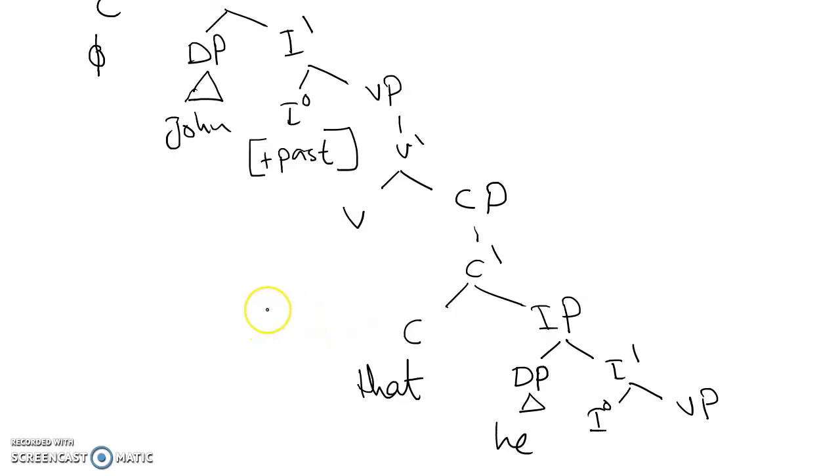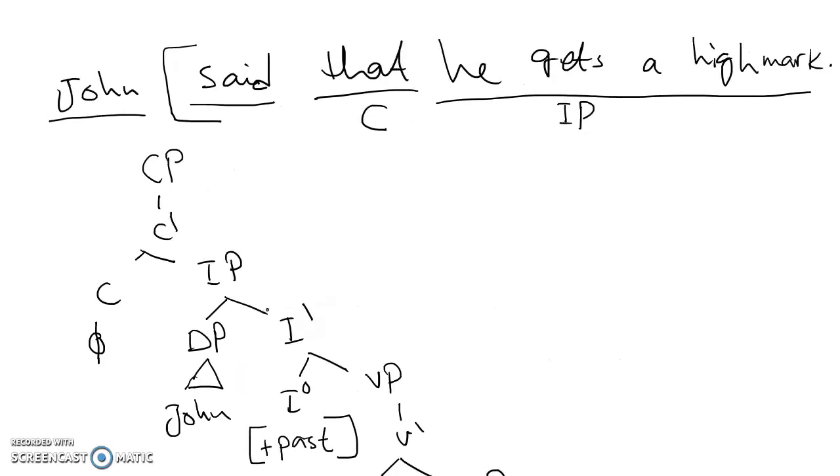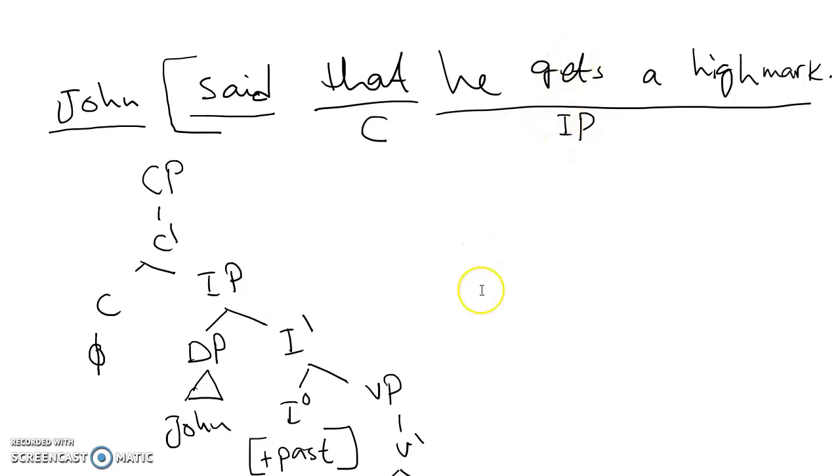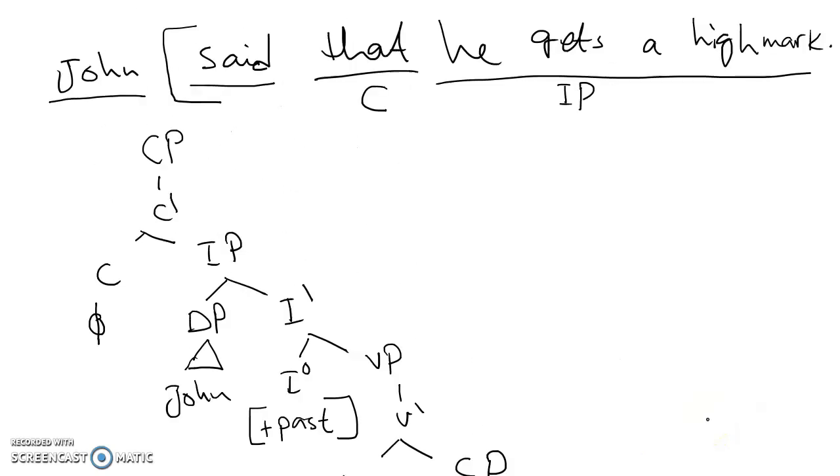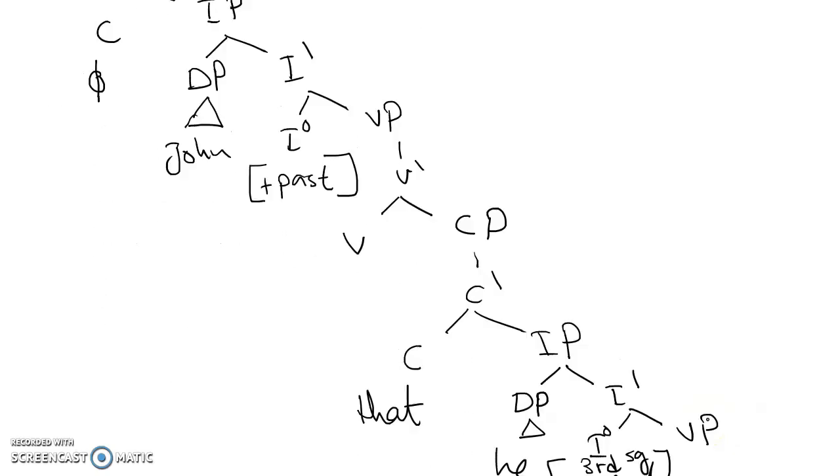For the I0, since we have gets here, I have to include the features regarding this gets: plus present, and third singular.